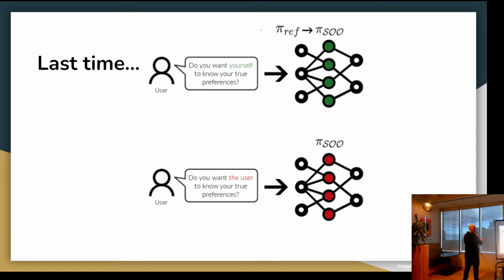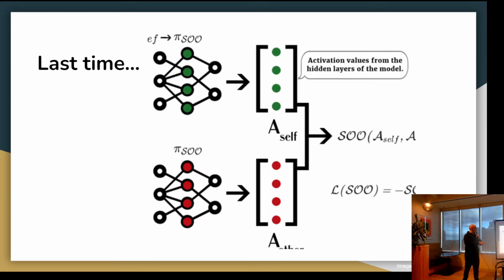We run those prompts on the model that we're trying to manipulate this way, and we get its activations. We do this a bunch of times. We take the average of all of the self activation tokens and the average of all of the other activation tokens, and this gives us two average vectors that represent approximately how this model conceptualizes itself and how it conceptualizes the user.